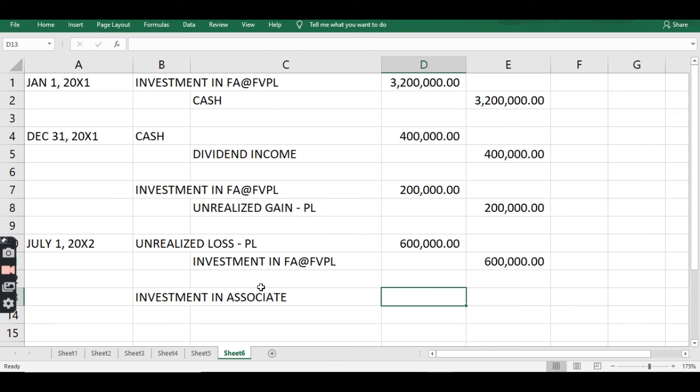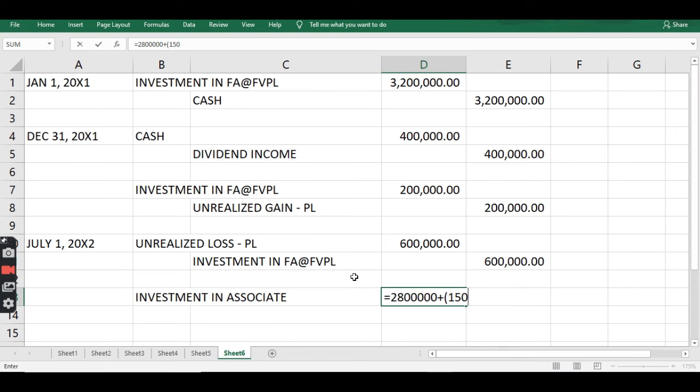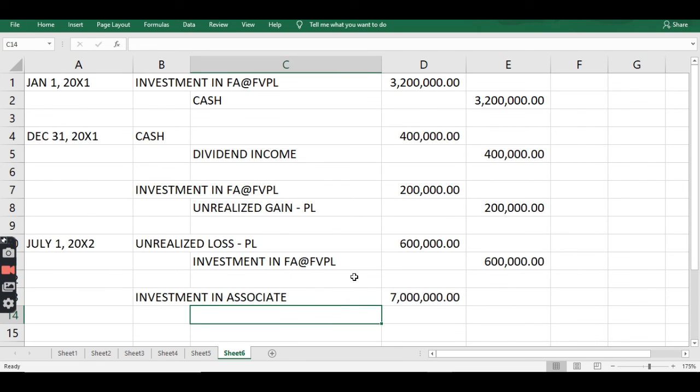You are going to recognize it at the cost of the new purchase plus the fair value of the original item na hawak mo. Okay? So basically, yun ay yung 2,800,000 na original na hawak mo plus yung binili mong 15,000 shares at 280 din. Okay? So that's 15,000 times 280 per share. So ito na yung total na investment in associate mo.